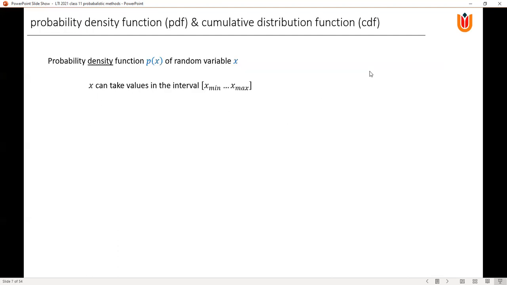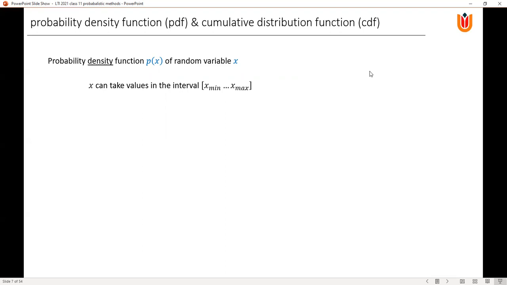If we have a probability density function, PDF, p of x of a random variable x, let's say that x can fall within a given interval, in this case, x minus and x plus. If it would be scattering angle, it would be between 0 and 2 pi, for example. If it would be path length, it could be between 0 and infinity.